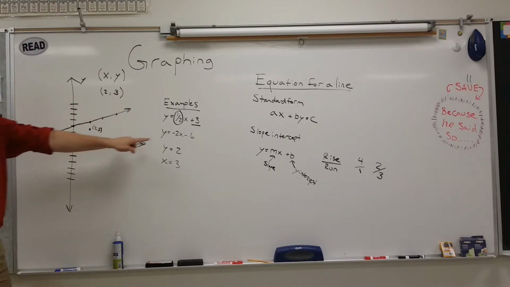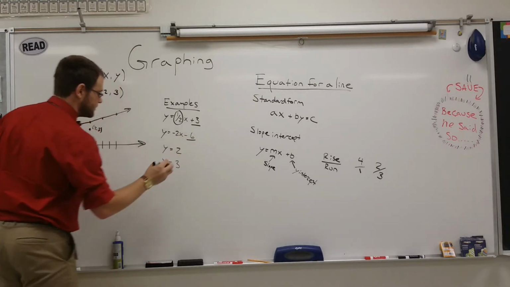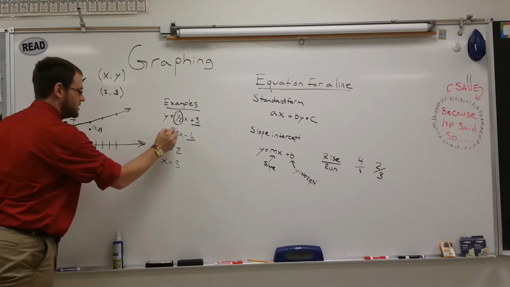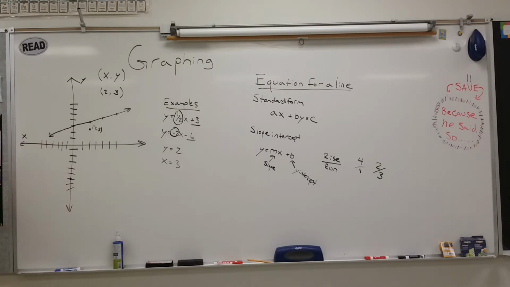The next example is very similar. Here I've got another y-intercept. It's -6. So let's go down 1, 2, 3, 4, 5, 6. There's my dot. The slope on this one is -2. So that means I'm going to be rising -2 and running 1. When you have a negative slope, the line is going to end up looking this way.